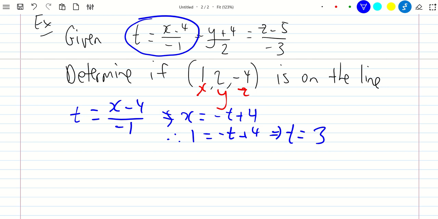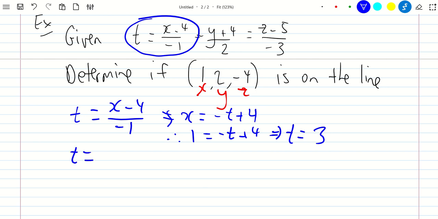So you think of t mostly as time. After, let's say, 3 seconds going along this line, the x value will be 1. So what we now need to do is go back and find what values of t will make the y value 2 and the z value -4, and hopefully they all occur at the same time.